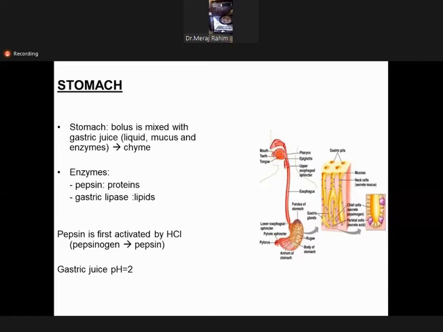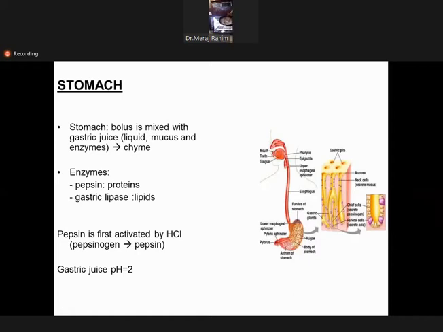So all these things are mixed within the stomach, and they make a semi-liquid substance, which we call chyme. And the proteins are broken down further by the pepsinogen into pepsin, and it breaks the peptide bonds. And the gastric lipase breaks down the lipids into smaller products.